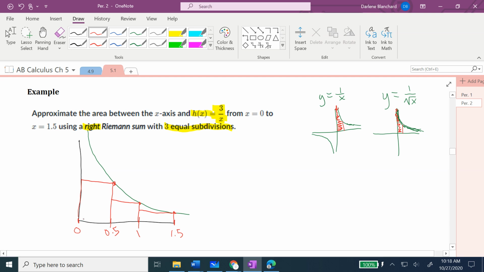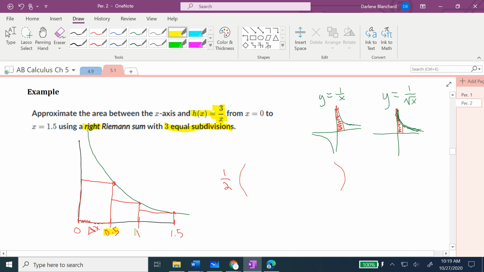So each of these delta x's are a length of 1/2. I don't want to write 1/2 3 times, so I'm going to factor it out of the 3 areas of the rectangles, and then I'm just adding the heights together.